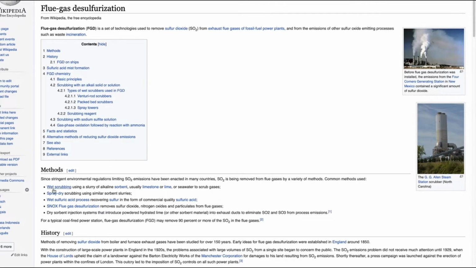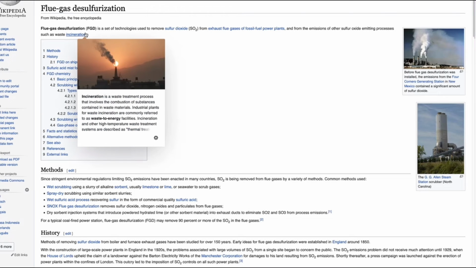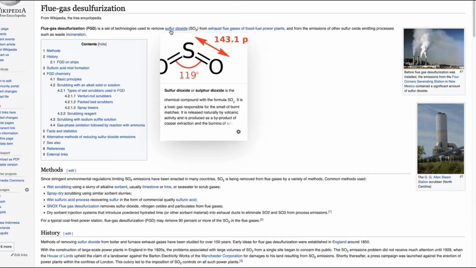Okay, so the methods, no need to know in detail. You just need to know at this point that flue gas desulfurization is to remove sulfur dioxide. And we know the lime and the slaked lime are bases.